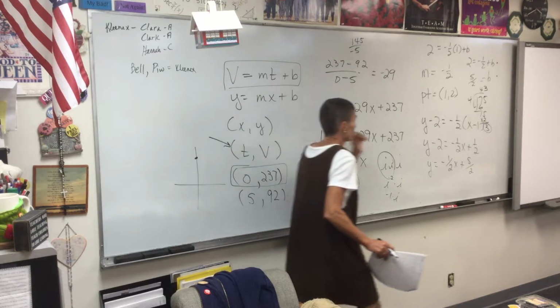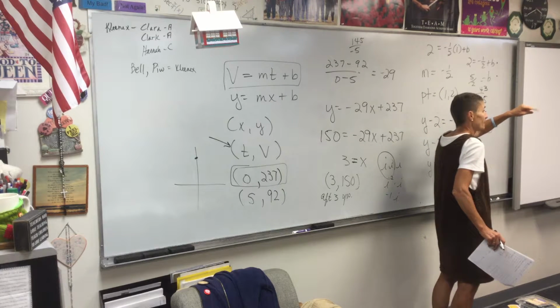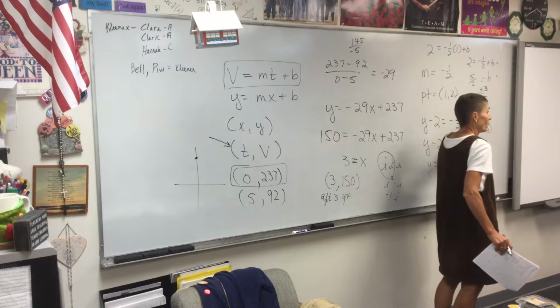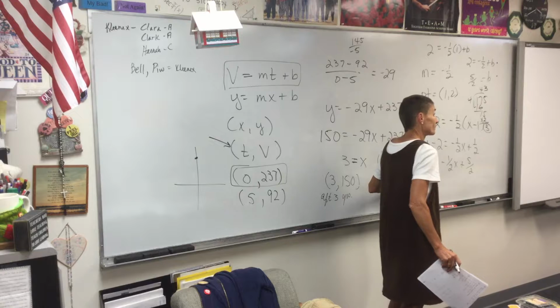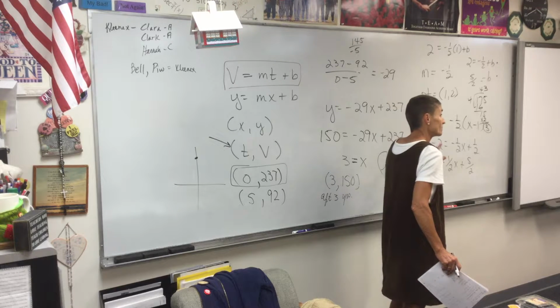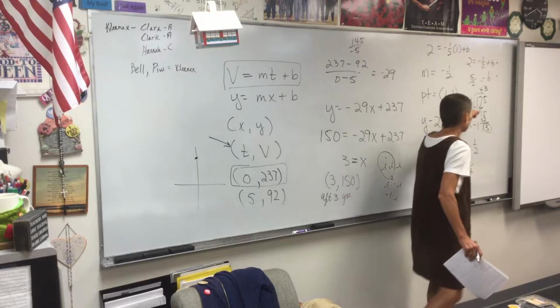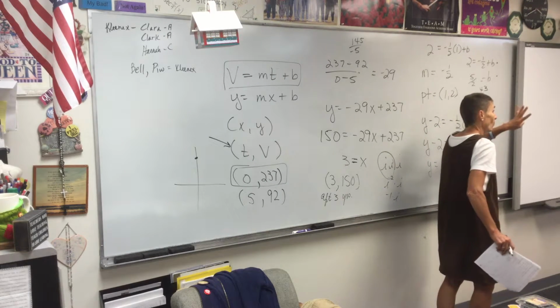What are you shaking your head for? i times i times i times i is 1. Every 4 i's makes a 1. This is a multiplication problem. 1's don't matter. 1 times 1 times 1 times 1 is never going to impact my answer. The only thing that matters is what does not group into 4.